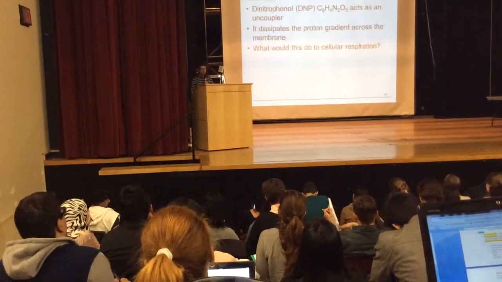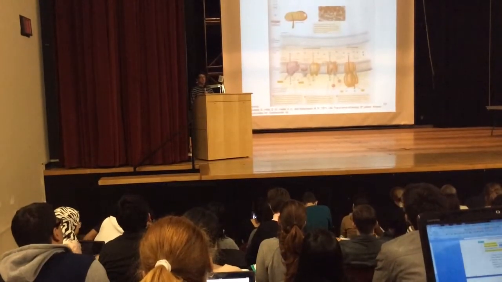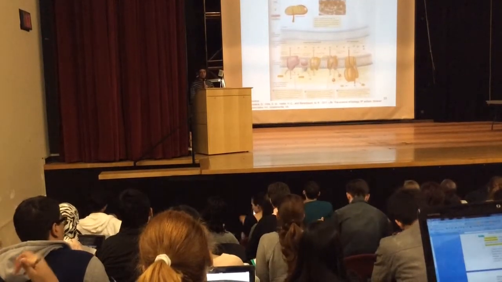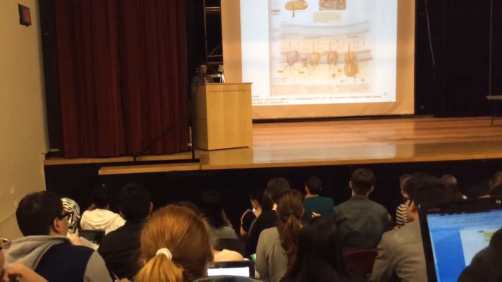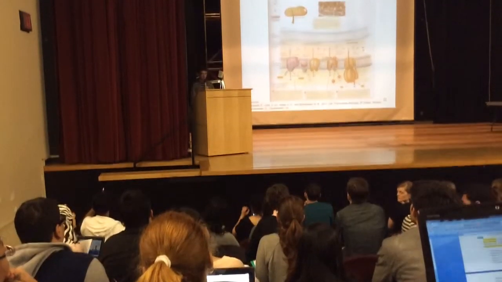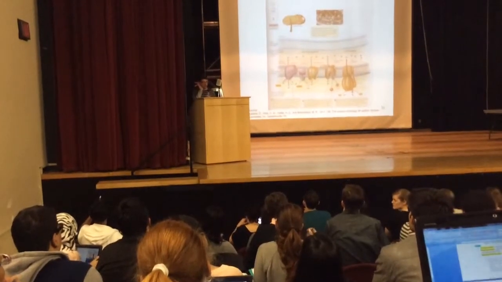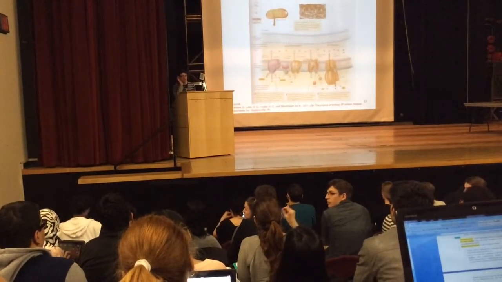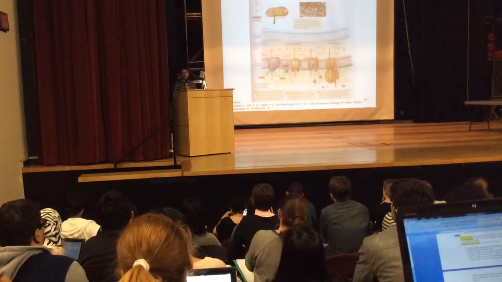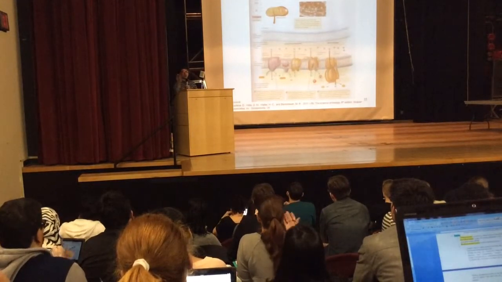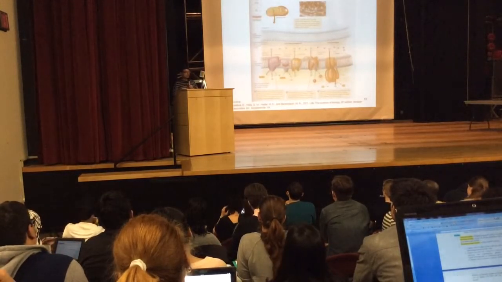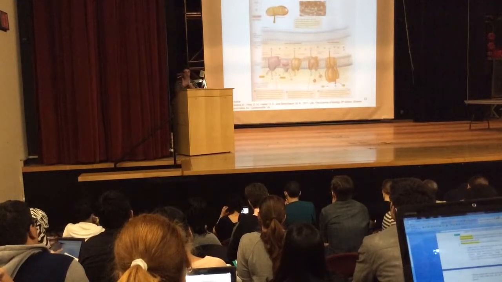So why would this be a good diet pill? Alright, if you're only getting 2 ATP out of a glucose molecule, then for all the food that you eat, you don't get that many ATP out of it, and of course your body's still working and still needs lots of ATP.